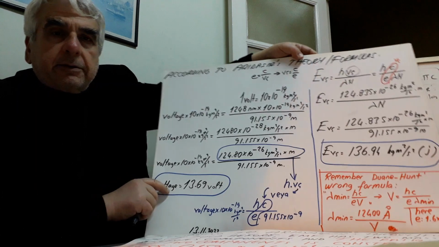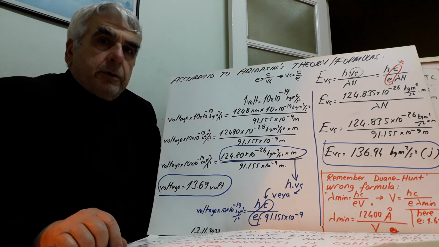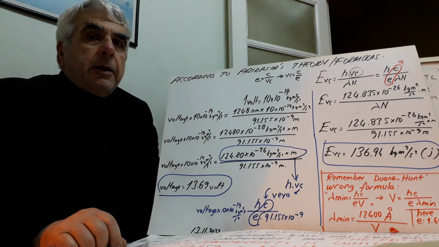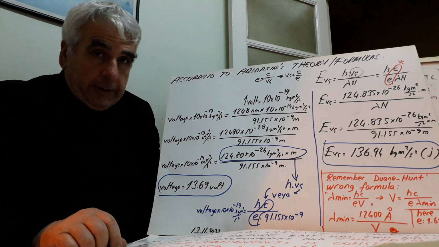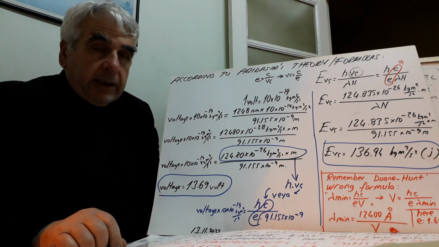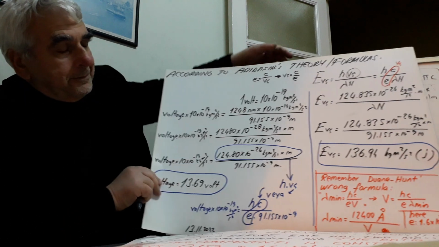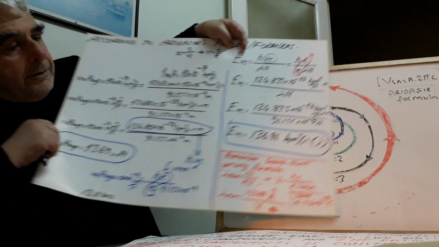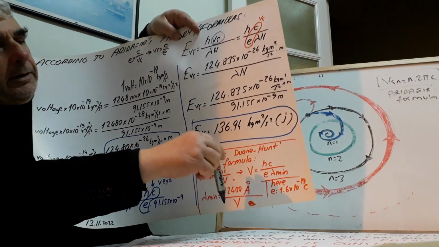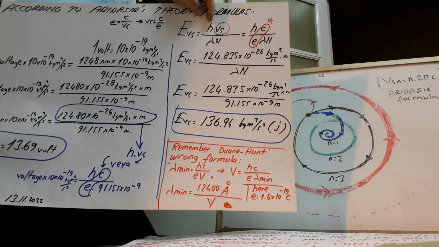And remember, there was a wrong and incoherent Duane-Hunt formula. Remember, I have told you before, I have explained you before. Look at that, downside, right side, here.